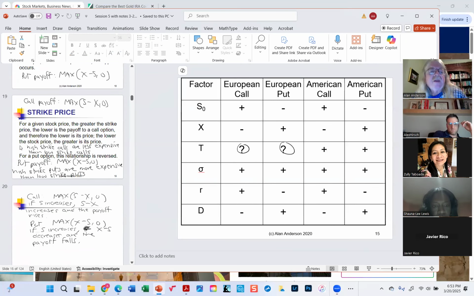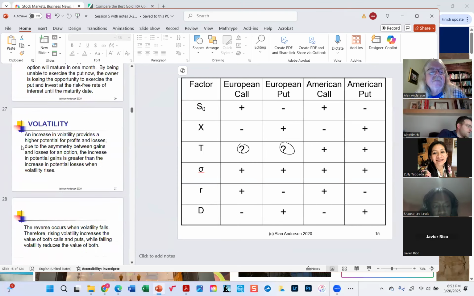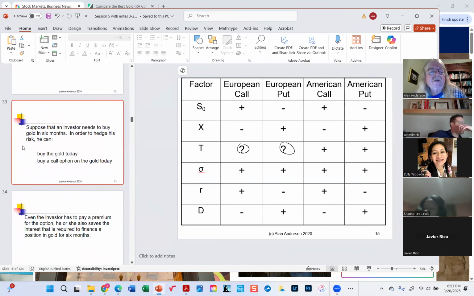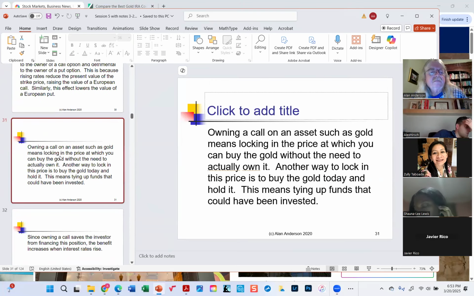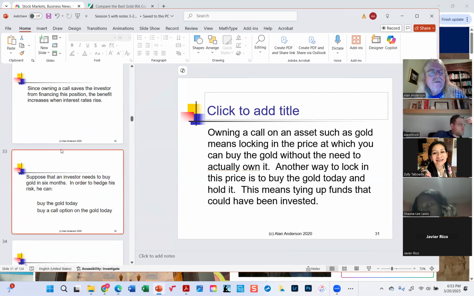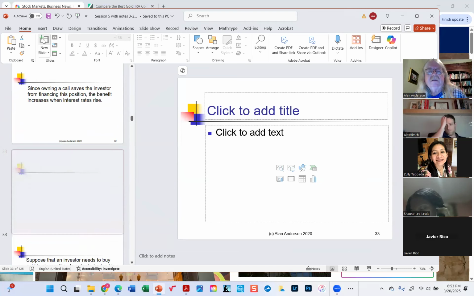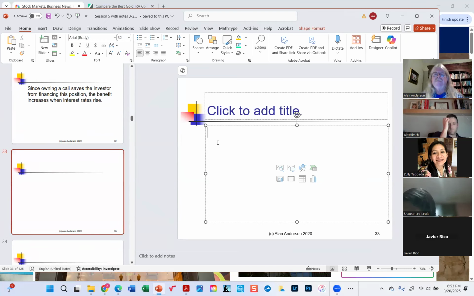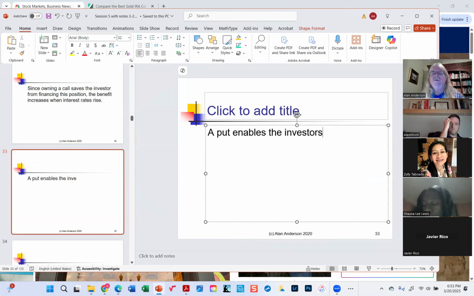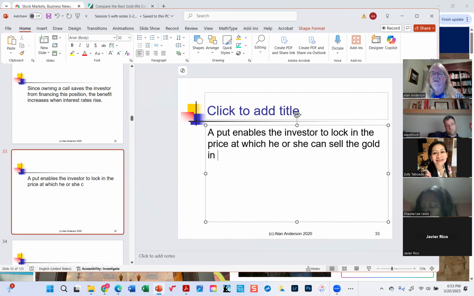But with a put, it's the other way around. The put gives you the right to sell the gold. And so let me sneak this in here. A put enables the investor to lock in the price at which he or she can sell the gold in the future.